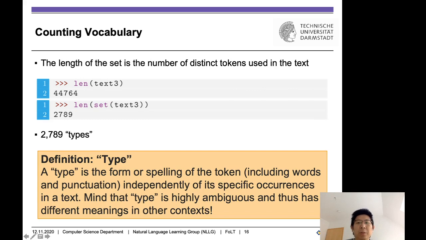Now we know the number of distinct words and the total number of words in the text corpus 3. And in these examples, you can see the text corpus 3 is very easy to understand because the writers of corpus 3 only use a vocabulary with a size of about 3,000 words.